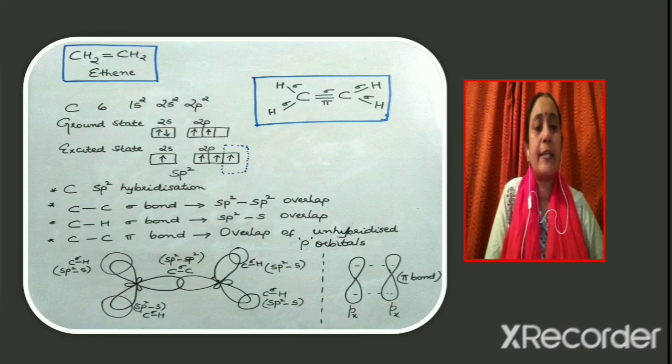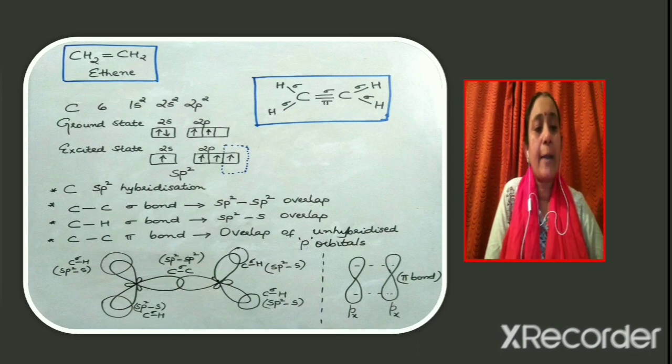It is formed by the overlap of the sp2 hybrid orbital of carbon with the sp2 hybrid orbital of the other carbon atom. And how is the CH sigma bond formed? It is by the overlap of the sp2 hybrid orbital of carbon with the s orbital of hydrogen. And how will the carbon-carbon pi bond be formed?